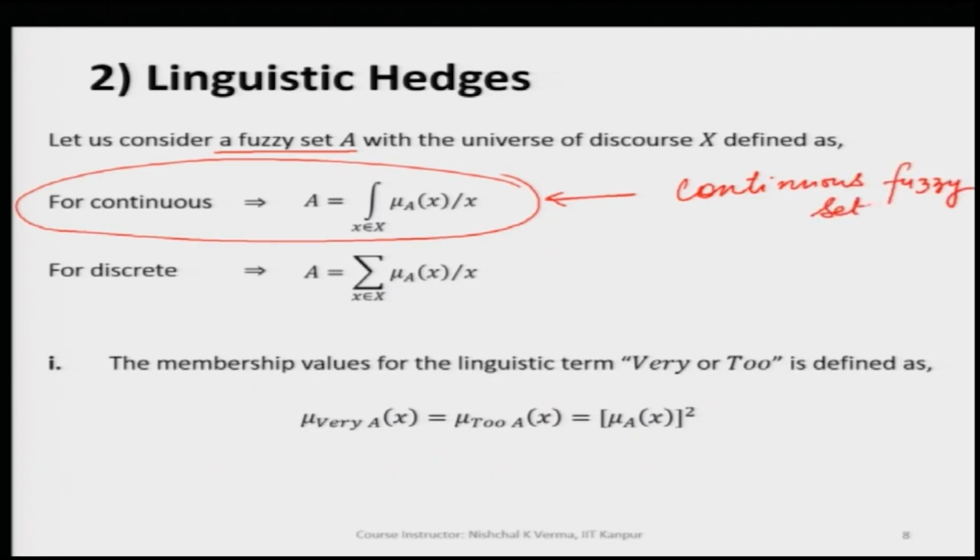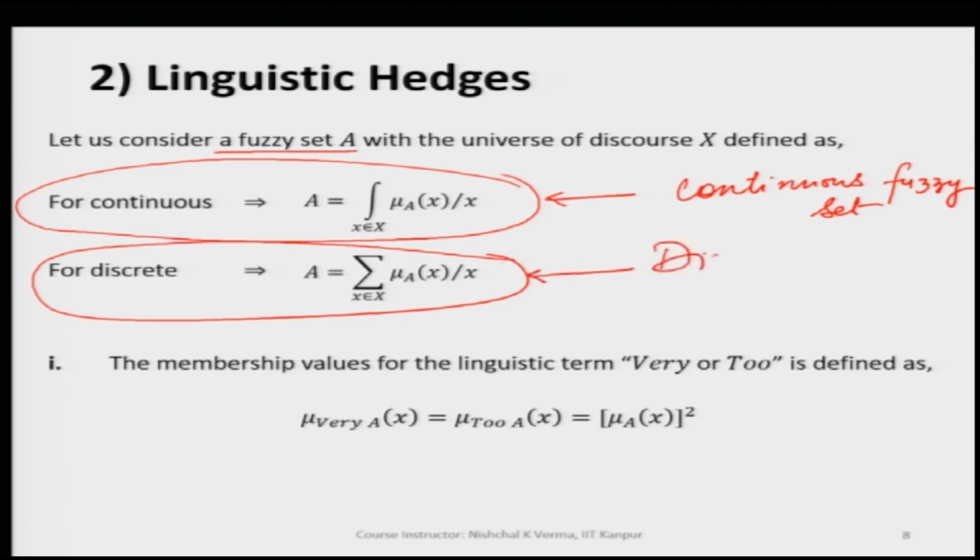And similarly, we represent a discrete fuzzy set like this. So, these are the membership values which we use for representing any fuzzy set, let us say A, whether it is a continuous fuzzy set or a discrete fuzzy set.